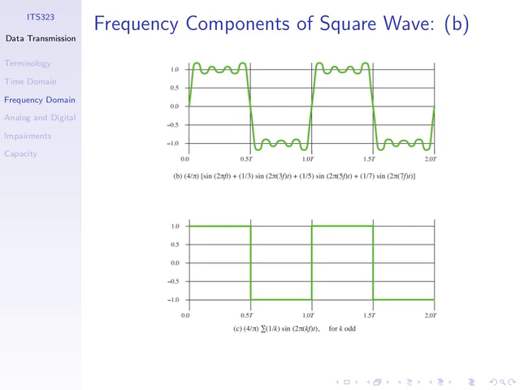Add an infinite number of components, so 1/9, 1/11, and so on. Keep adding components, and we get this shape, a pure digital waveform. So in theory, we can create this square wave by simply combining many sinusoids together.